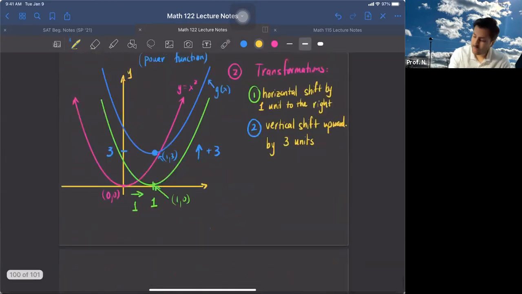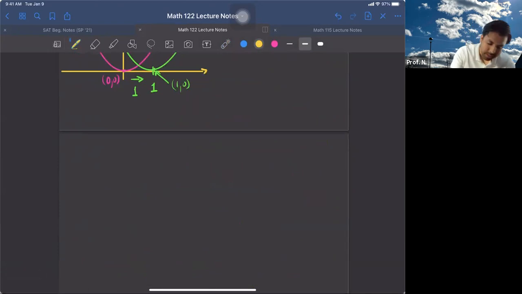Now let's find equations of transformations. So I should say 4 transformations.